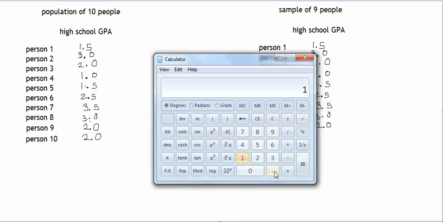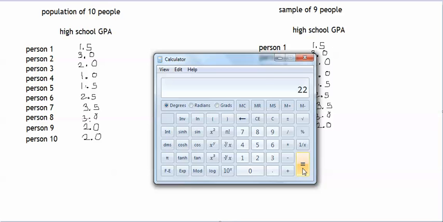So let's add up the 10 GPAs that have been recorded from this population of 10 people. So we have a total of 22.